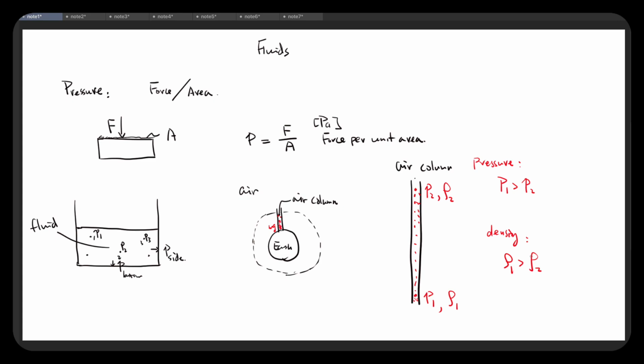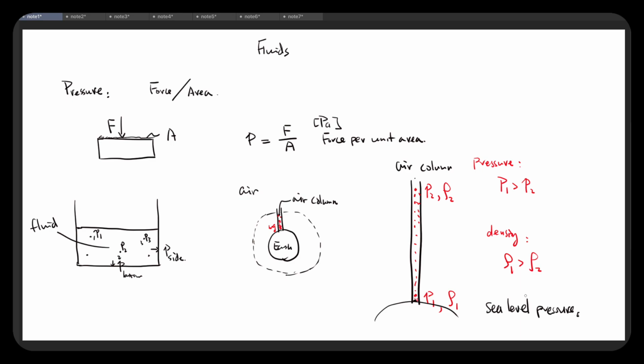So here's the Earth's surface. Right at the surface, we call the pressure here the sea level pressure. And this pressure is the highest of all the air near the Earth's surface.